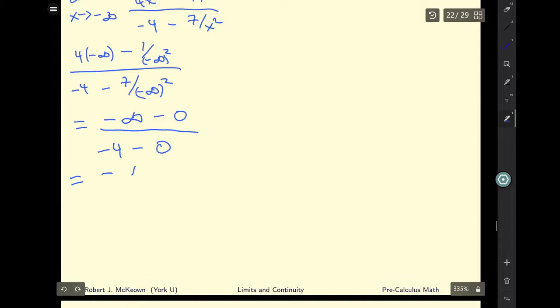And so we're left with negative infinity over negative 4, which is just equal to infinity. So the negatives cancel each other out. 2 negatives make a positive. We don't care. A really big number divided by 4 is still a really big number. And so the limit of this expression is infinity.